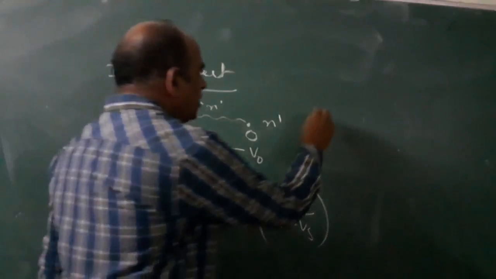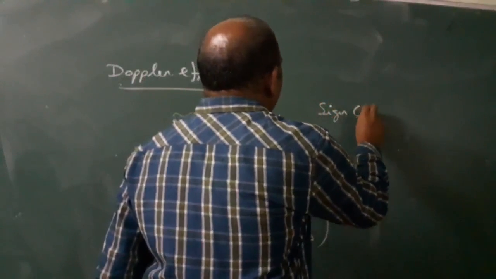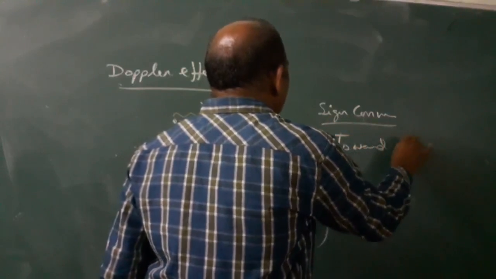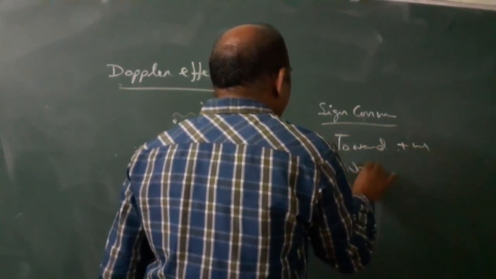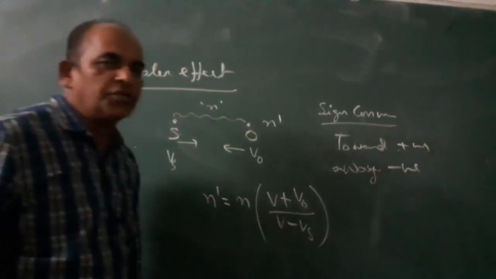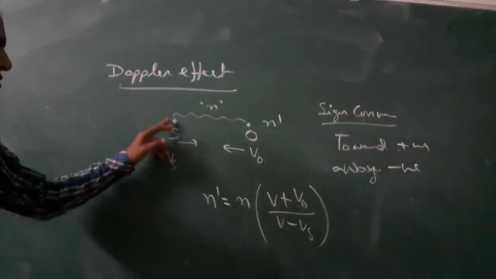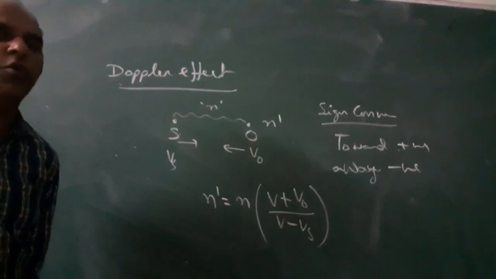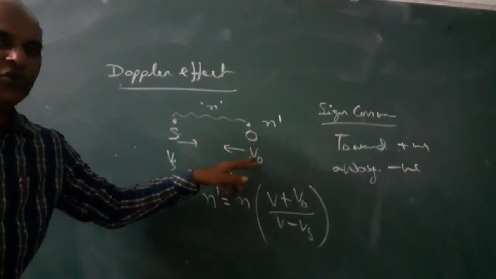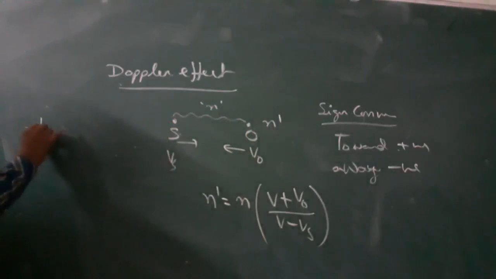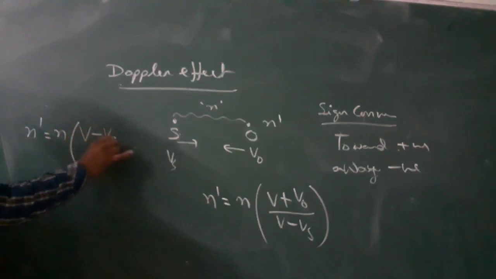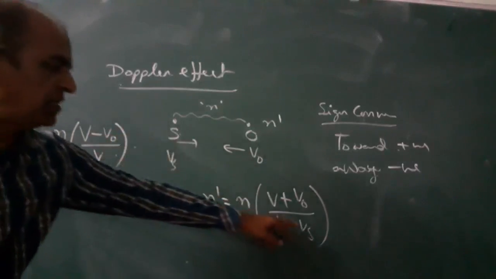Then the sign convention: towards positive, away negative. If the source is at rest and the observer is moving away, then vo is negative, so the apparent frequency n dash is equal to n into (v minus vo) by v, because vs is 0.